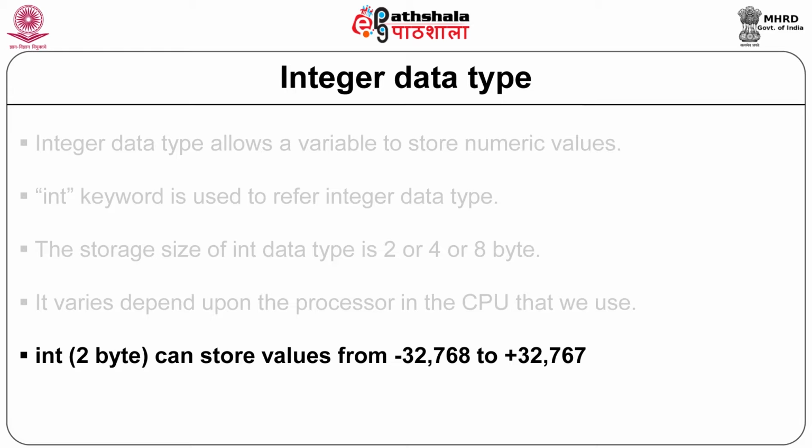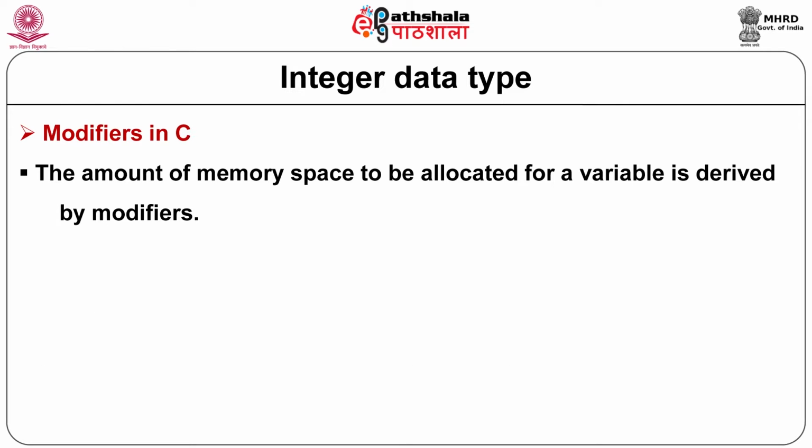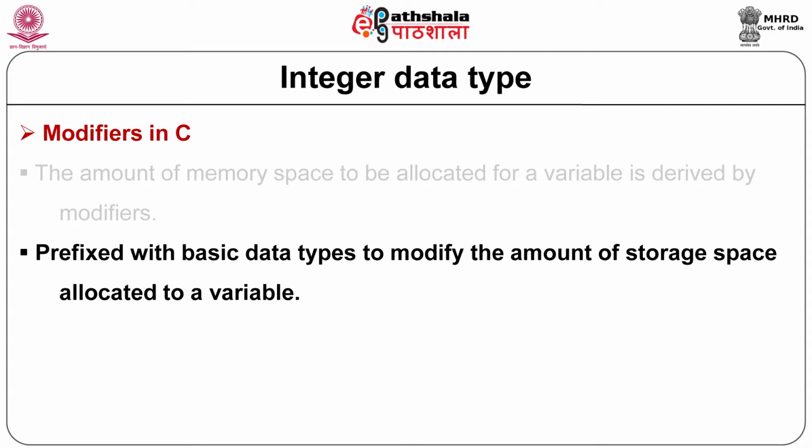Integer 2 byte can store values from minus 32,768 to plus 32,767. Modifiers in C: the amount of memory space to be allocated for a variable can be changed using modifiers. They are prefixed to basic data types to modify the amount of storage space allocated to a variable.